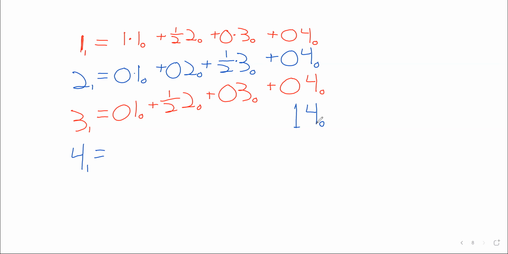Or we could start in state 3 and move right with a probability of 1/2. We start in state 1, we don't go to 4. If we start in state 2, we don't go to 4.